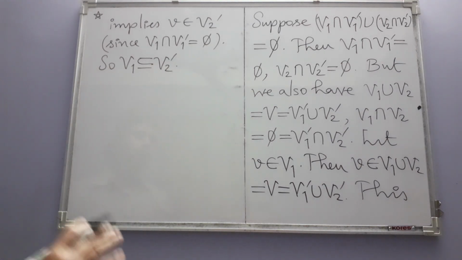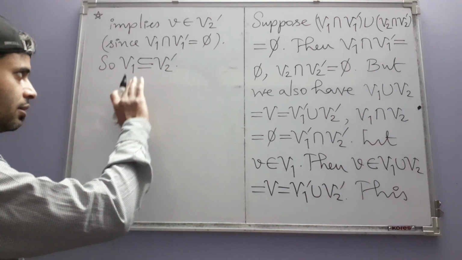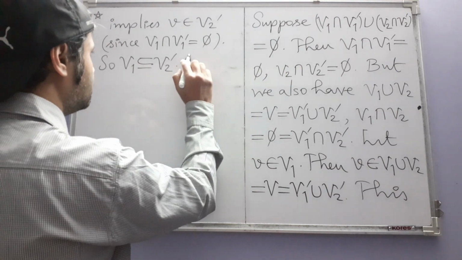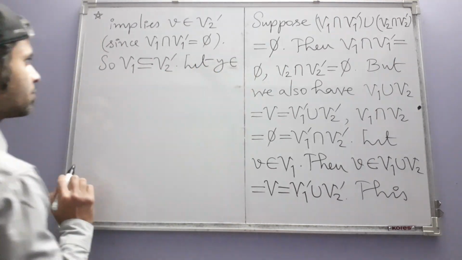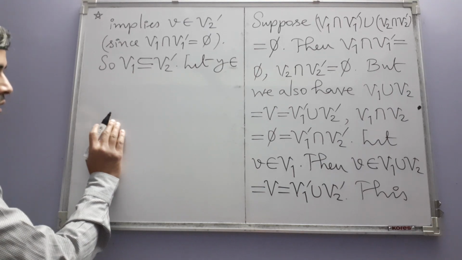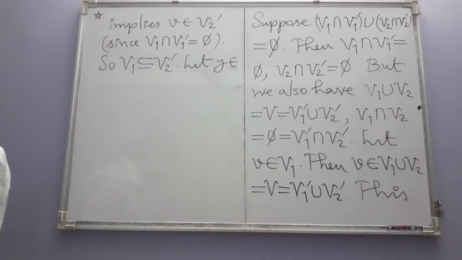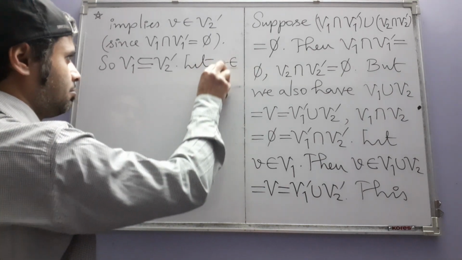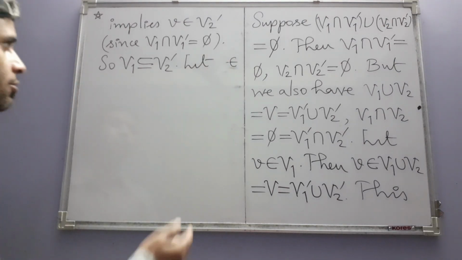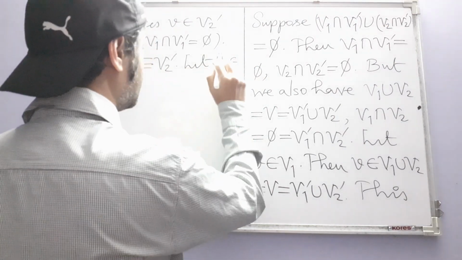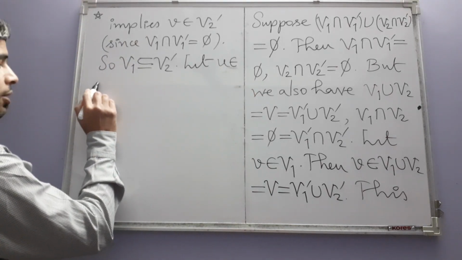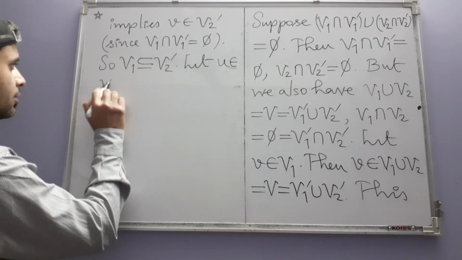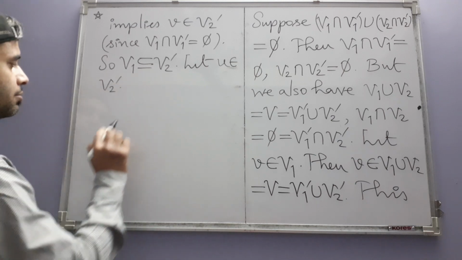Okay. Now we want to show that the reverse inclusion is also true. So for that, let u be, actually, you can write anything, but just for the sake of it, let me call this u. Let u belong to V2 prime.